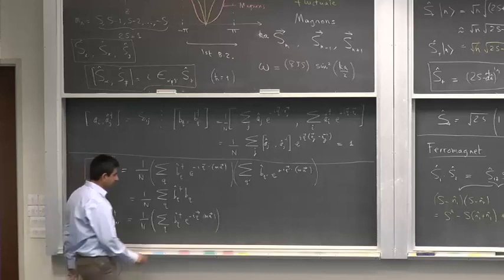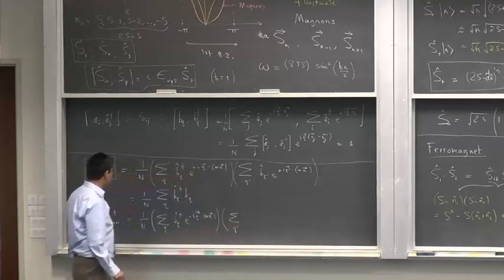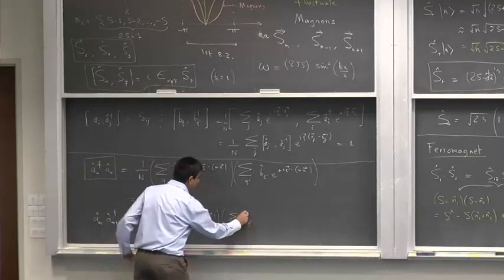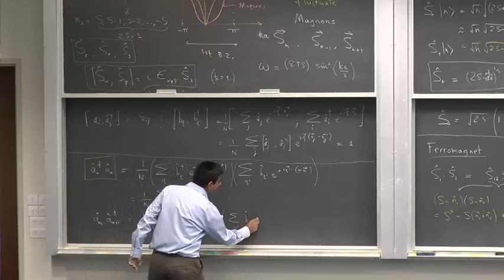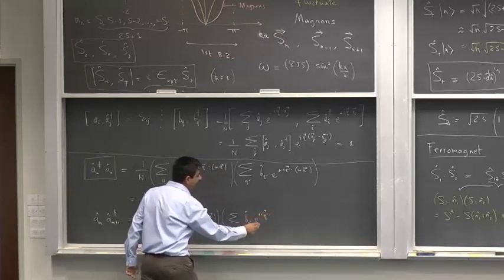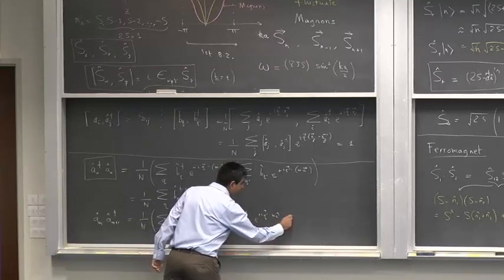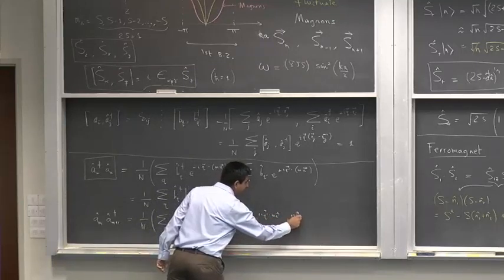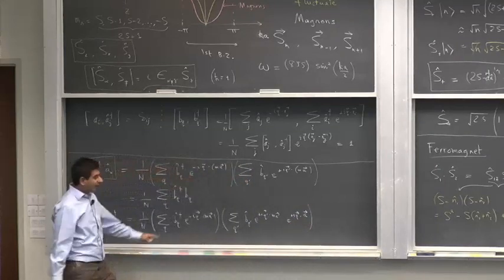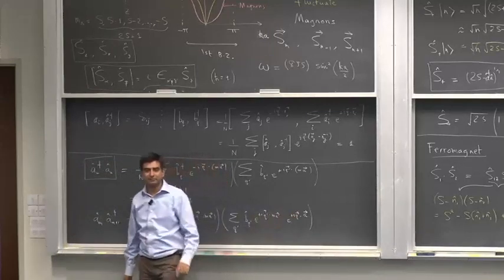a_(m+1) is now once again a sum over all the q primes, b_q prime e to the plus i q prime m a, times e to the plus i q prime a. I've just written (m+1) a as m a plus a.